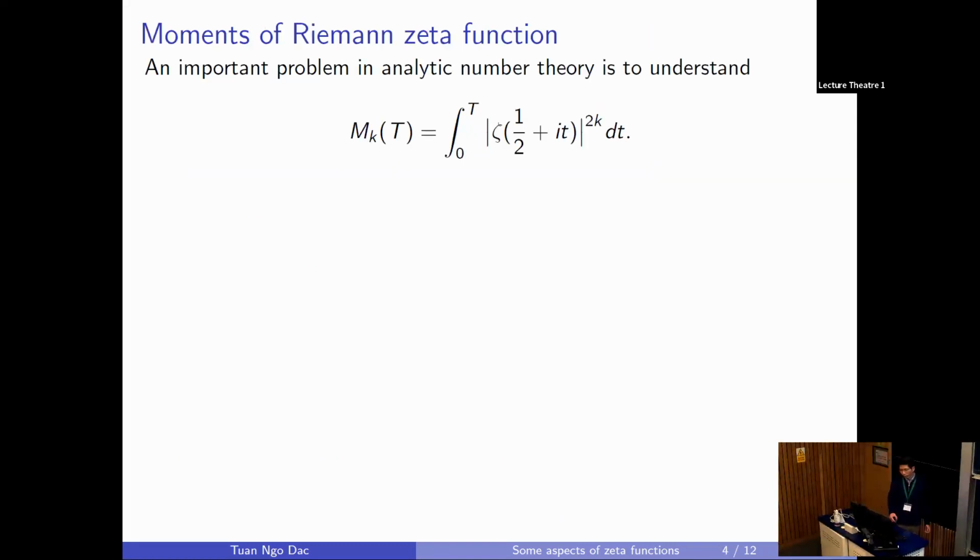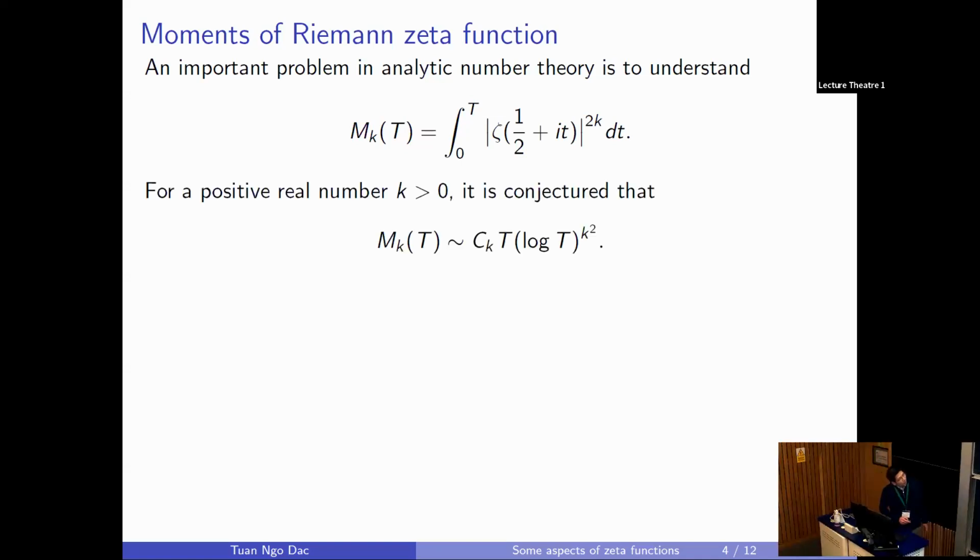Now one important problem in analytic number theory is to understand what we call the moments of the Riemann zeta function. It is given by this expression: the integral from 0 to T of the absolute value of zeta of 1/2 plus it, to the power of 2k.